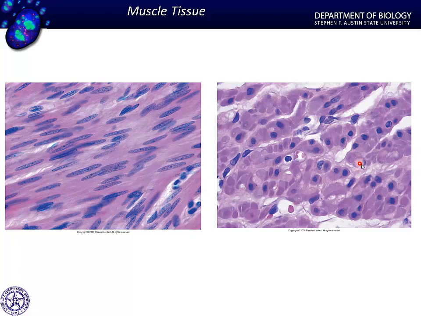And here we've got cross-sections and centrally located nuclei in these cross-sections. Now, in many instances, if you're looking at a high magnification view like this, it might be a challenge to pick out those characteristics that we're looking at for smooth muscle. And so we're going to have to pay attention to where we are in the body and the tissues surrounding our smooth muscle to help us know exactly what we're looking at and where we are.